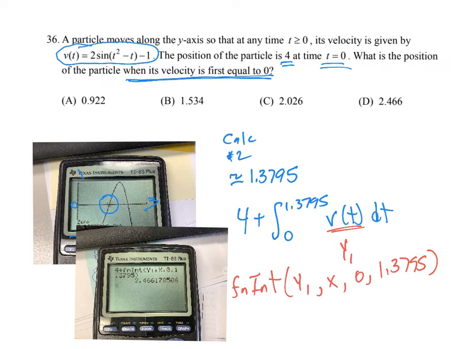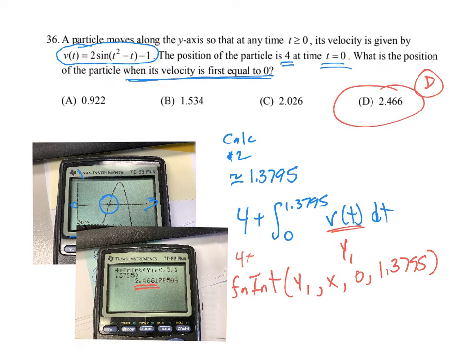As you can see, I typed that in. I even included the plus 4 in front. So I did the entire calculation. I did 4 plus the fn int with my function that's already entered at y1 from 0 to 1.3795, and my value came out to be 2.46617 and so on. And as you can see, that is letter D, which is the correct choice here.